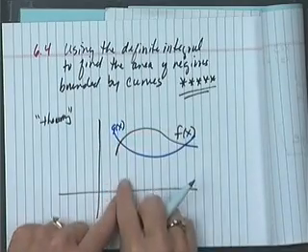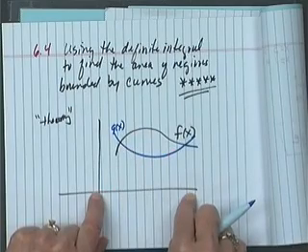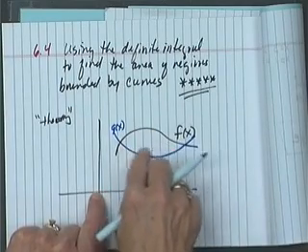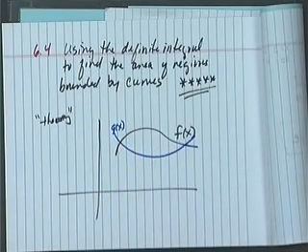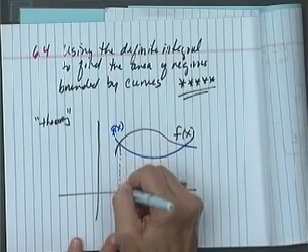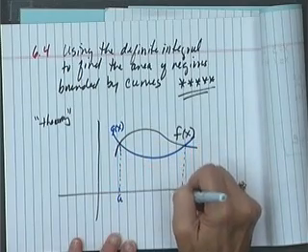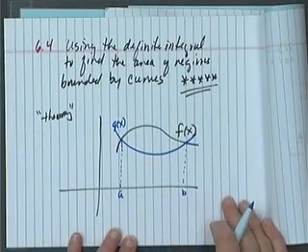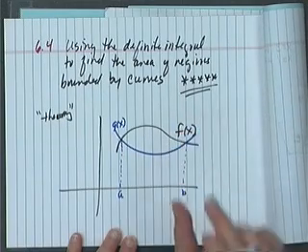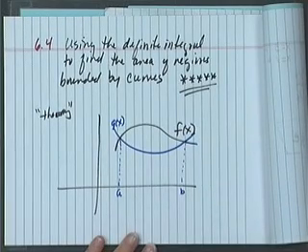Now everything we've done so far, the bottom curve was along the x-axis. But the bottom curve doesn't have to be along the x-axis. It could be up here. And so we'll need to find out where these curves intersect. And that was a good old pre-calculus course, finding the intersection of two curves. Remember you set the two functions equal to each other and solved. You did that in pre-calculus.